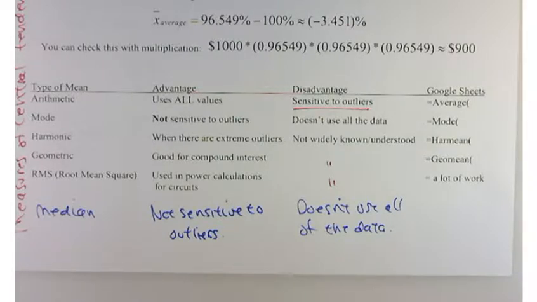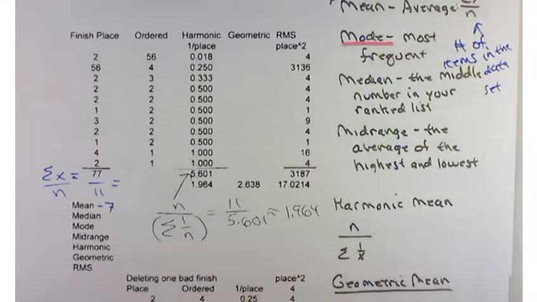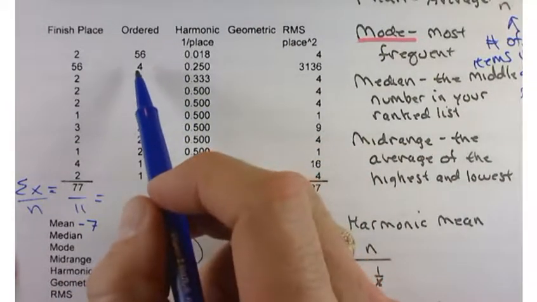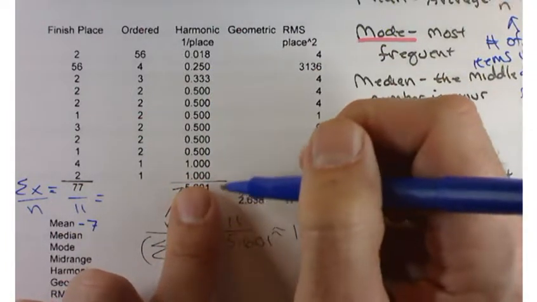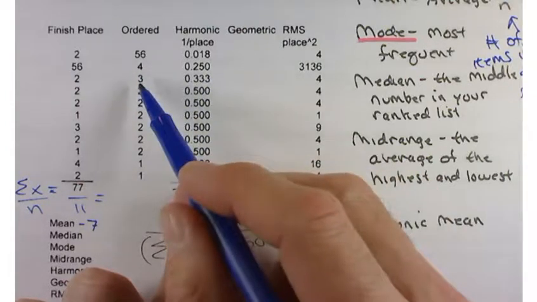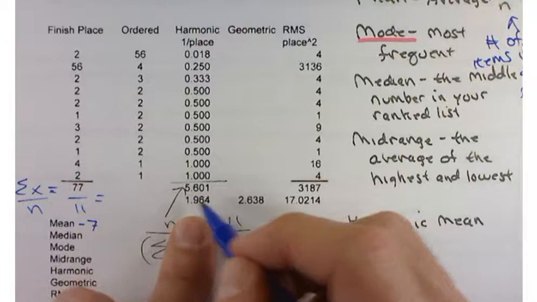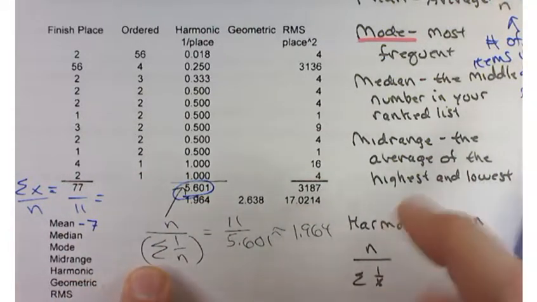Sure. So for the harmonic mean, if you were calculating it by hand instead of letting Google Sheets do it for you, you have to take the reciprocal of your data and then add up all the reciprocals. The reciprocal of 4 is 1/4, of 3 is 1/3, etc. If you add up all those reciprocals, that's this total right here, the sum of your reciprocals.